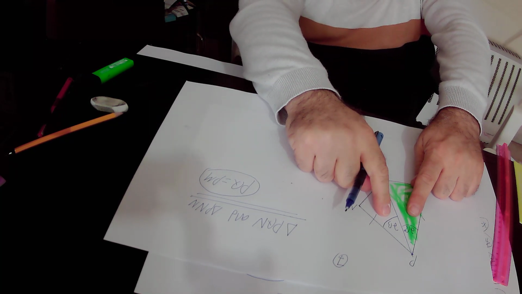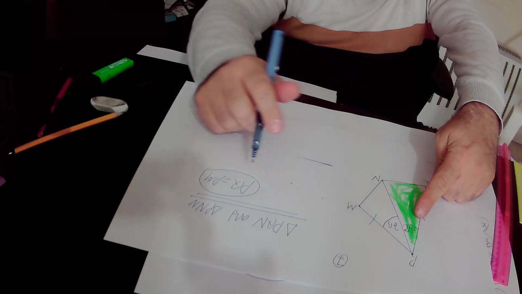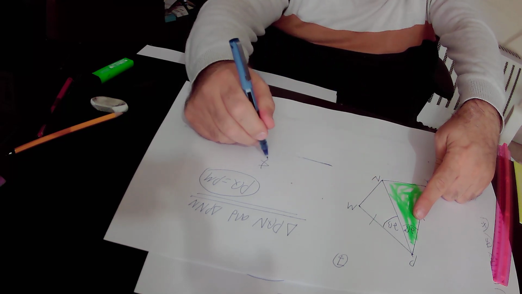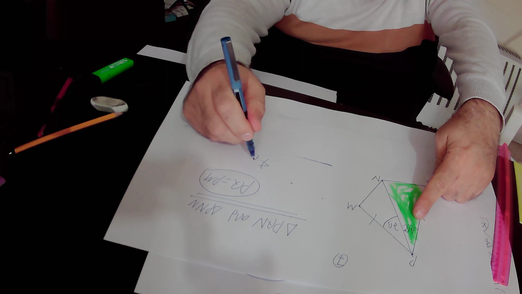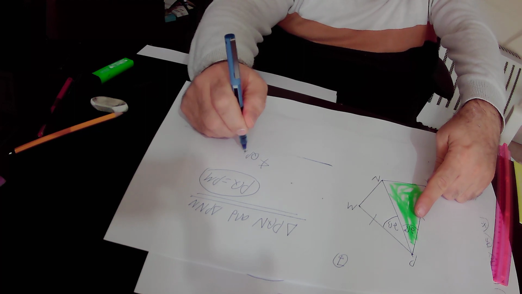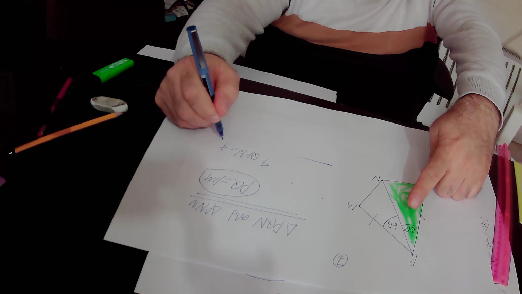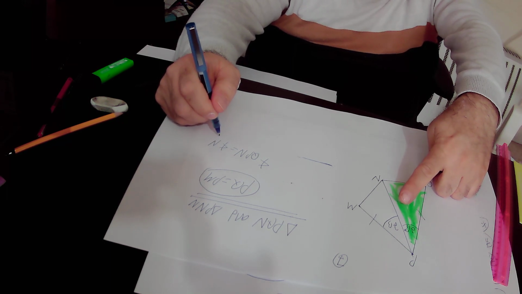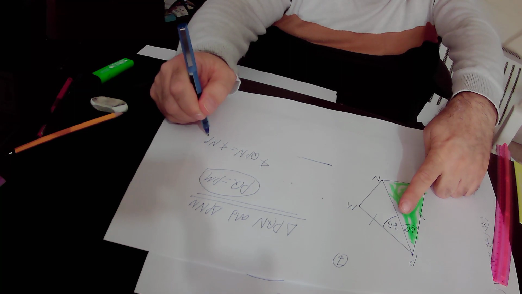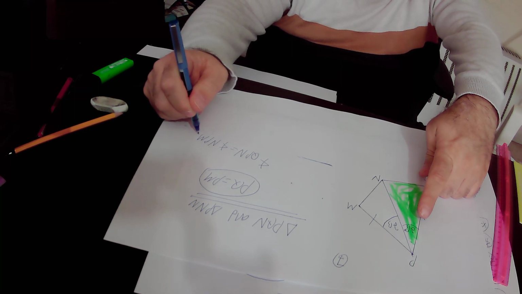They are both equal to 2 beta. So angle QPN in the green triangle equals angle NPM in the white triangle, and they are both equal to 2 beta.